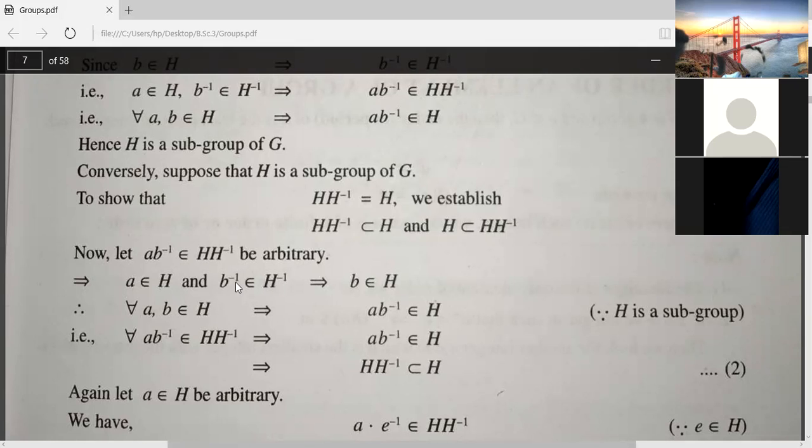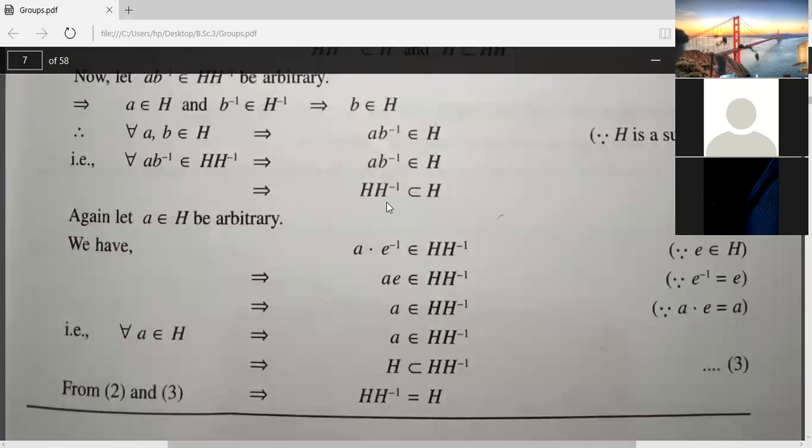B inverse belongs to H inverse means you raise the powers by inverses so that you get B belongs to H. Now here A belongs to H, here B belongs to H, which implies you can write AB inverse belongs to H, because H is a subgroup. Now here you see AB inverse belongs to H inverse, and the same AB inverse also belongs to H. Therefore, what can we say? H inverse is a subset of H.